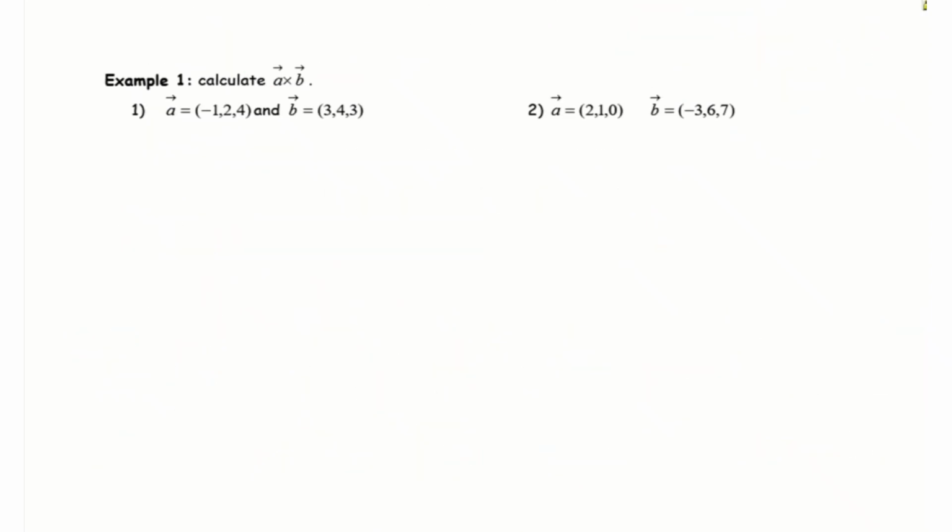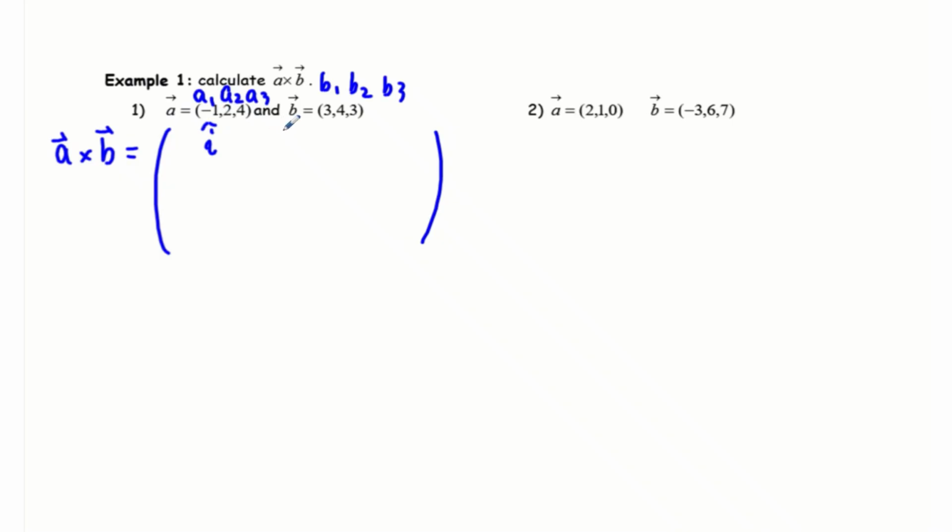So this one, example 1, calculate the cross product of these two vectors given. So this is A1, A2, A3, and B1, B2, B3. I don't want you to force yourself to memorize that formula. We just write it nicely in the 3 by 3 matrix. So I direction, J direction, K direction.